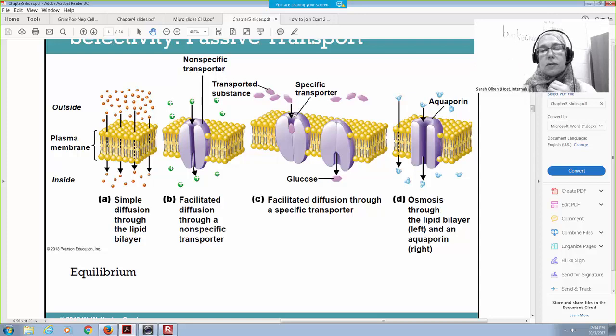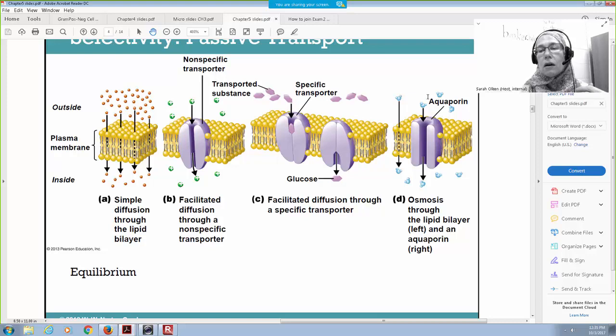Facilitated can also be movement of solutes such as glucose down its gradient. So it's sort of like diffusion, but it doesn't happen right across the lipid bilayer. It needs this special protein, so we call it facilitated diffusion.